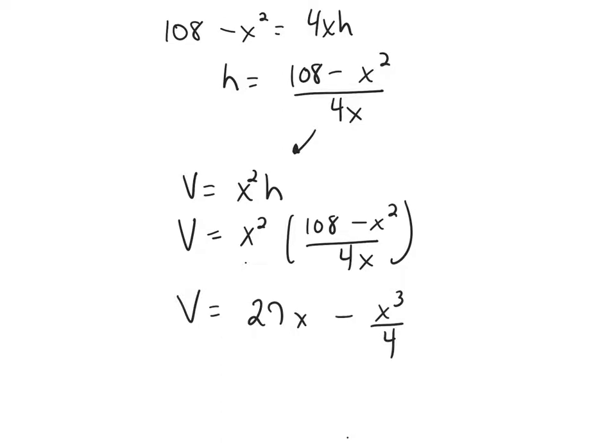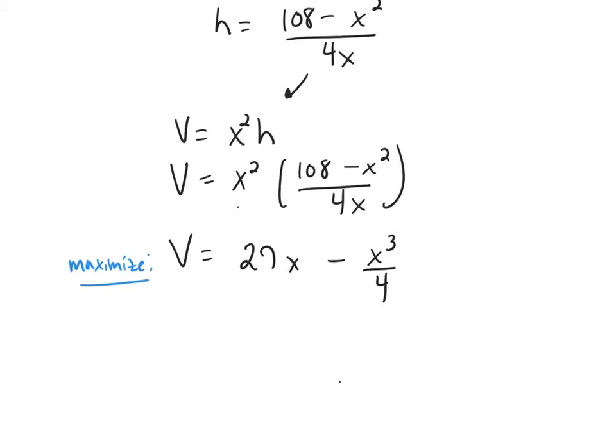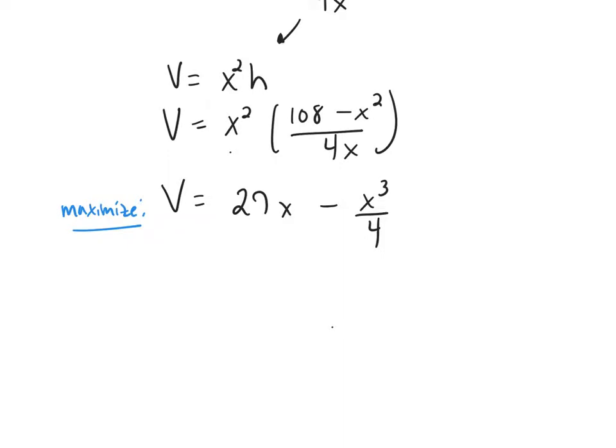So here's the function that we're trying to maximize, and I've got it down now where V is just a function of x. So before we find our critical numbers, we should stop and think about what is the domain of V. Well, your box could have no volume. It's made up of just a base.